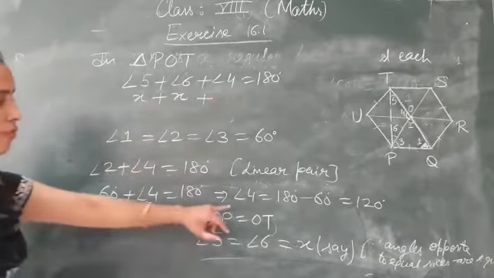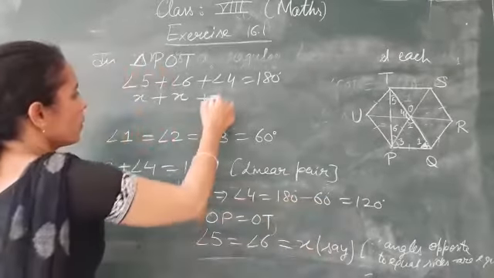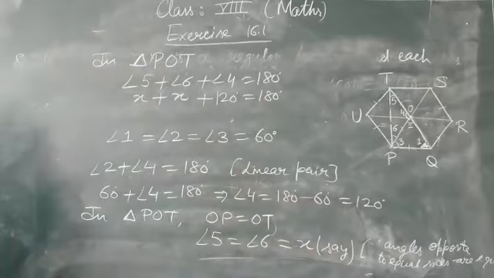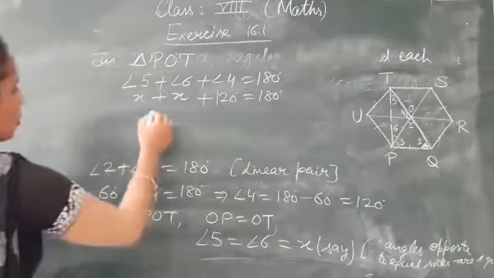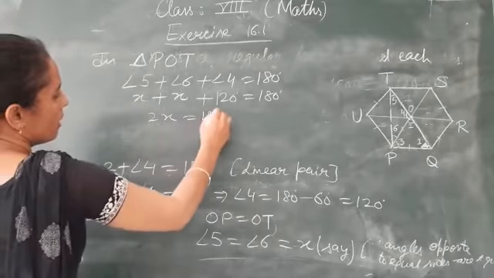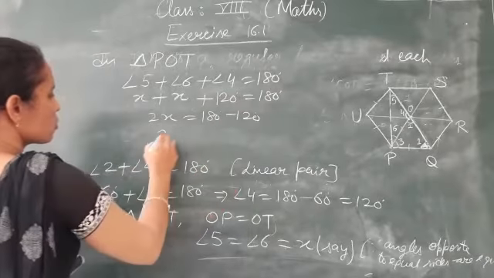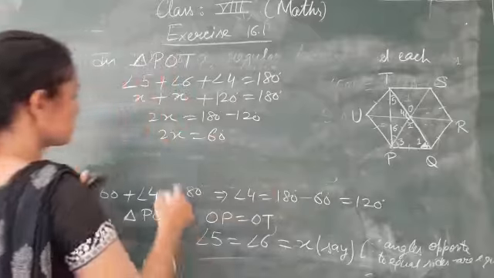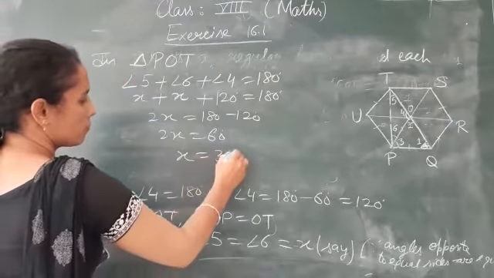What is the measure of angle 4? From here we can see that this is 120 degrees. So it is equal to 180 degrees. From here we get 2x is equal to 180 minus this 120. So 2x is 60 and from here the value of x is 30 degrees.